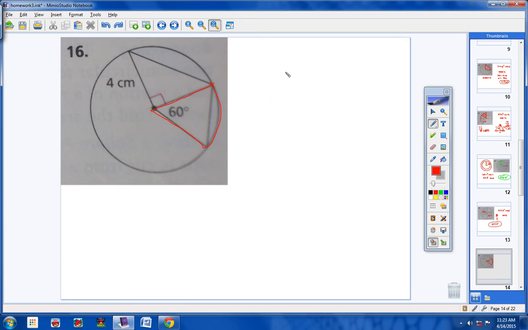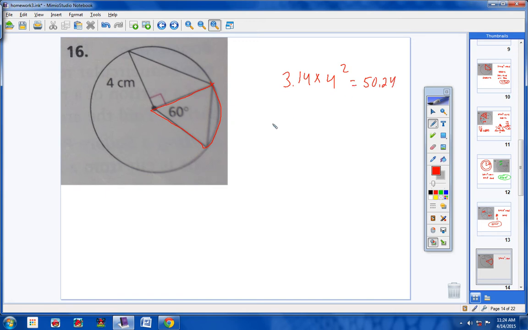The entire area of the circle is 3.14 times radius squared. So 3.14 times 16 is 50.24. So there's the area of the entire circle. Alright?